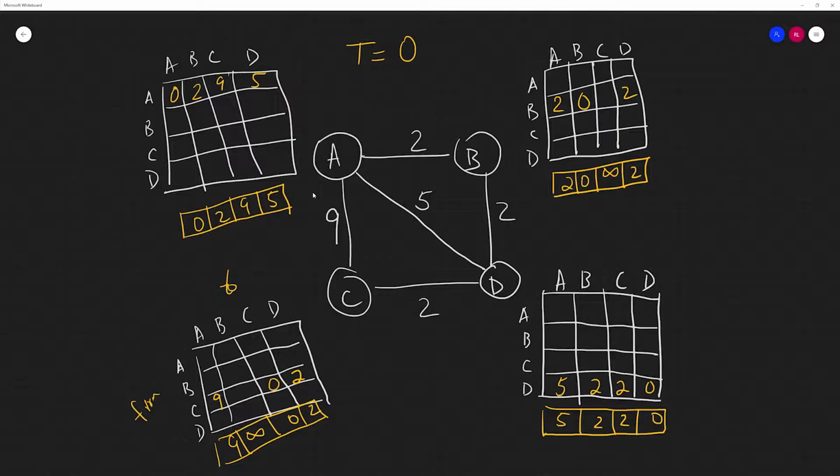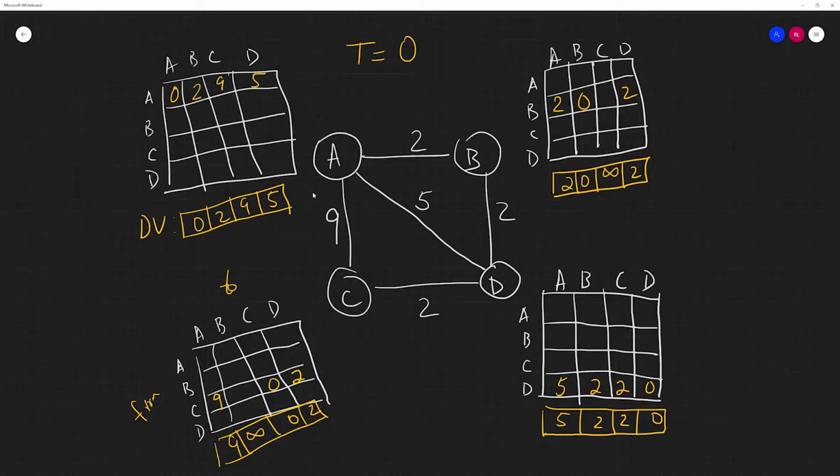So A knows about itself, of course. To get to itself, it costs nothing. To get to B, it costs 2. To get to C, it costs 9. And to get to D, it costs 5. This will form its first distance vector. A distance vector is just the cheapest known cost to get to any particular node.